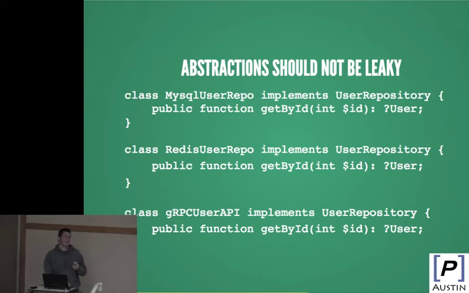So similarly, let's take a more software-y example here. In each of these cases, no matter what the backing store is for this repository, the way that you interact with it, the parameters that it has, and the results that it returns are the same.